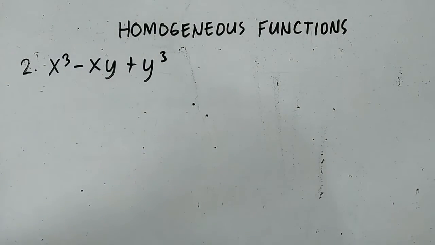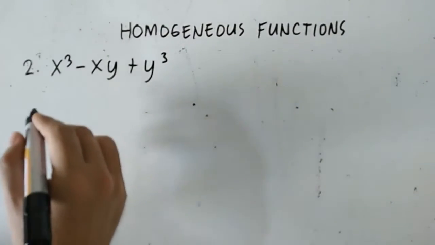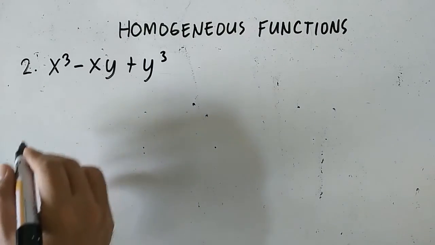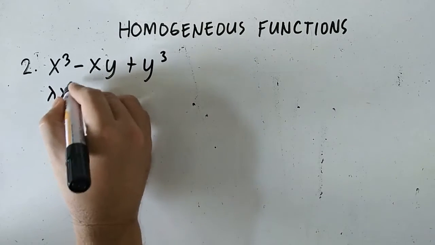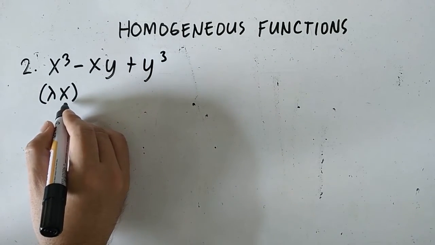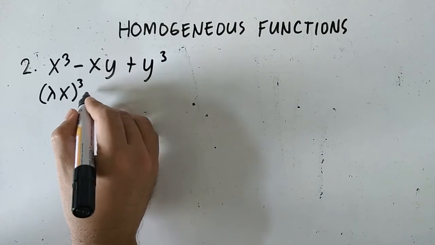For our second example, we have x cubed minus xy plus y cubed. Again, we insert a coefficient to all the variables within the function, in this case x and y. So we have lambda x, and since it becomes the coefficient of x, it becomes cubed as well.